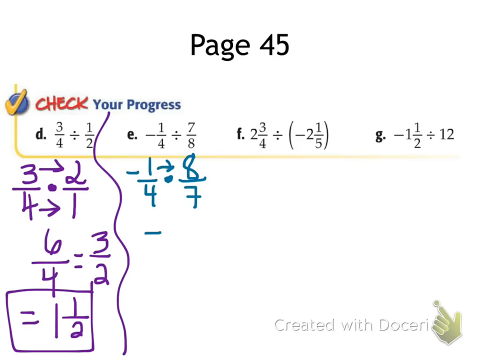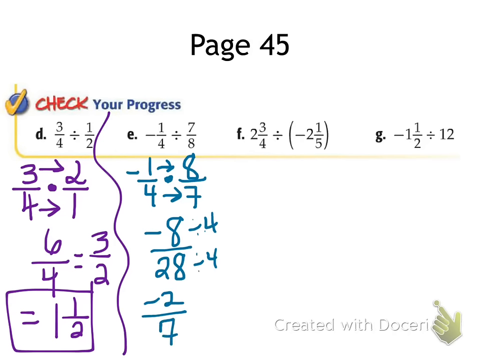Negative 1 times 8 is negative 8. Over 4 times 7 is 28. All right, simplifying, I can divide by 4. Dividing by 4, I get negative 2/7. Negative 2/7, and that cannot be simplified.